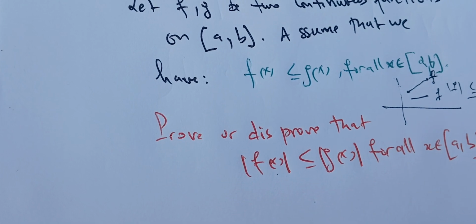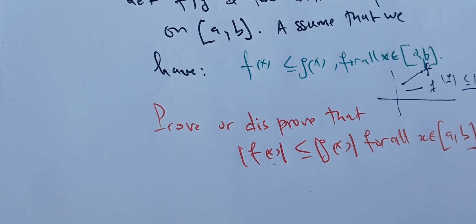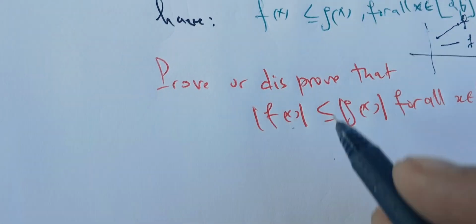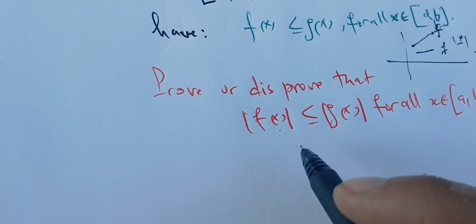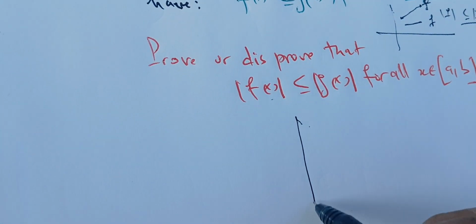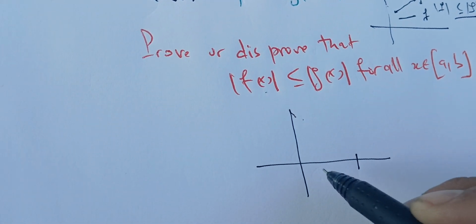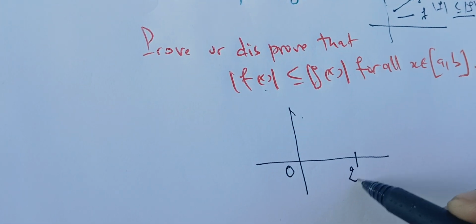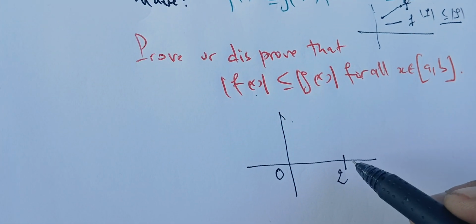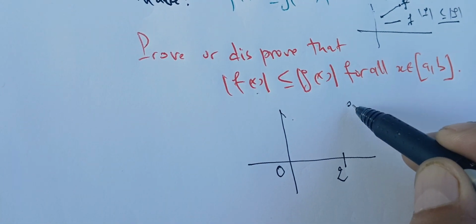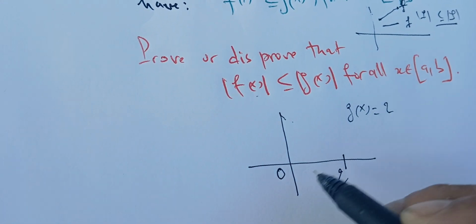One simple function that we can choose as f is, let me give you some graph in here. Assume our interval is [0, 2], and let's take our g of x as 2.